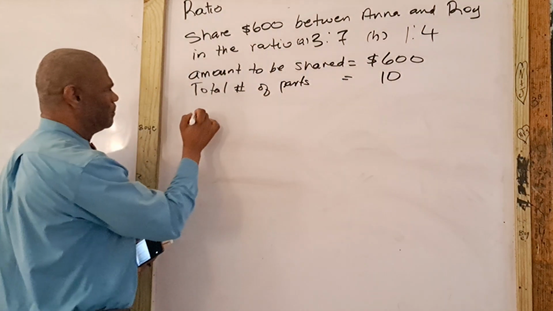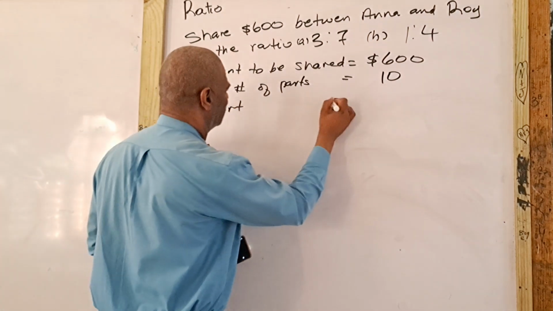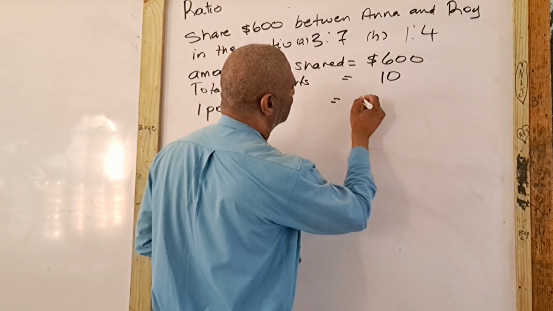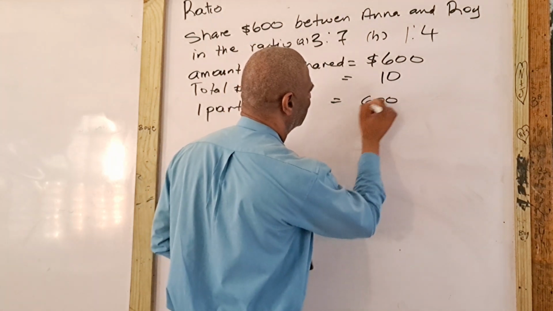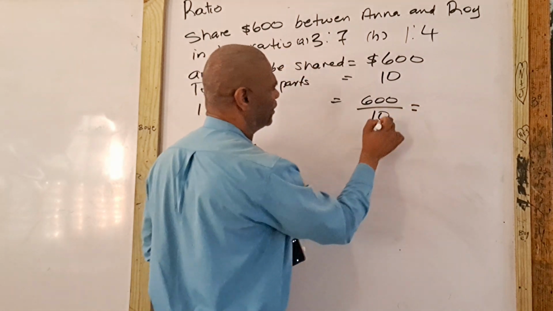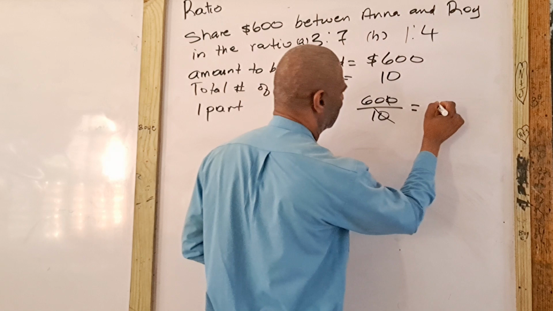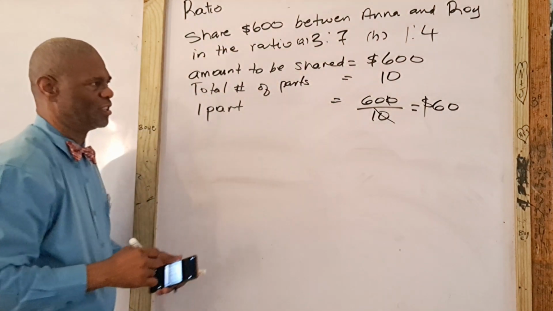Right? So one part equals the amount, 600, divided by the total number of parts, 10. That's 60. Right? So one part would be $60.